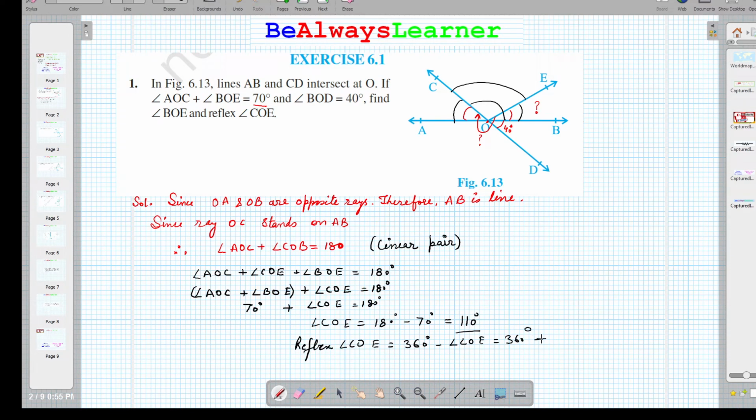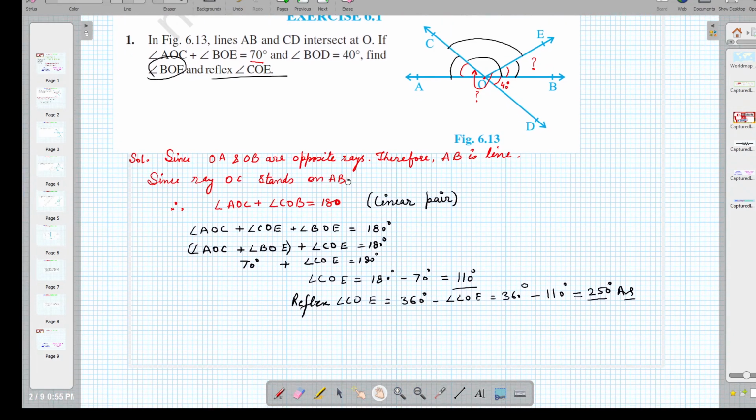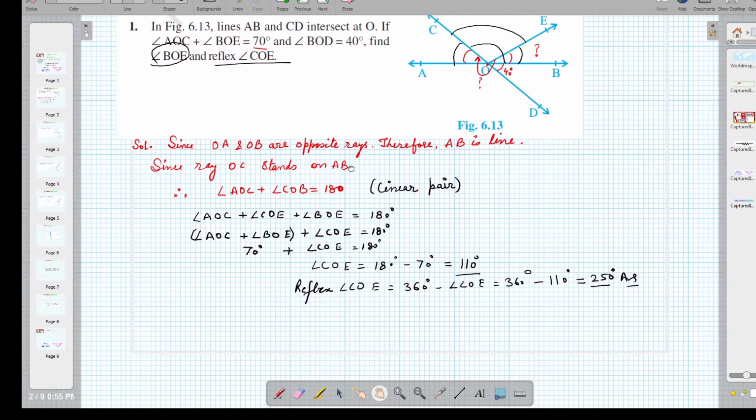The angle is 110. If I subtract it, this will give 250 degrees. This is the first answer that we had to determine. Reflex COE we had to find, we have found it here. Now we have to find BOE.